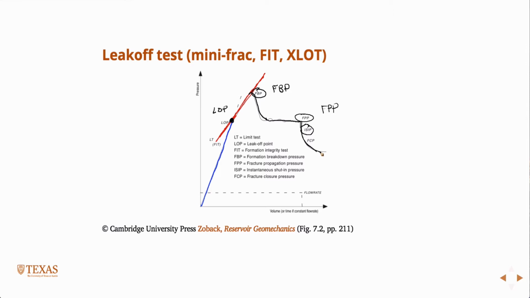So somewhere down this curve, the instant at which the fracture closes is called the fracture closure pressure, and that's your best estimate of S3, okay? I'll show you in just a second. I'll show you one technique.